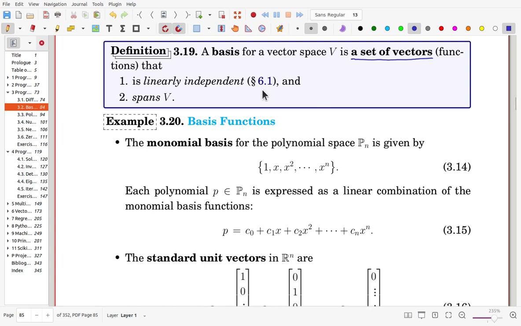Then we say that the basis is spanning the vector space. Let's see an example. You can understand it more thoroughly through this example.